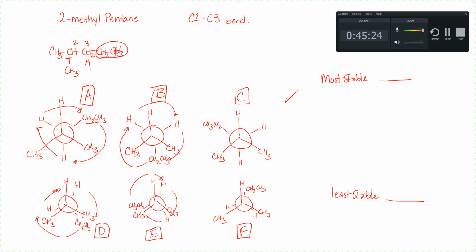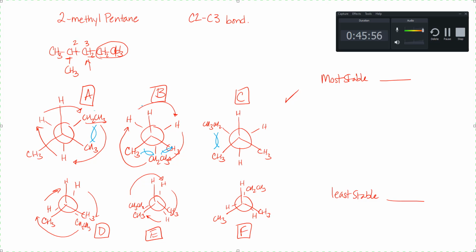So what are the destabilizing or bad interactions? They are the gauche interactions. So let's mark all the gauche interactions that are destabilizing. Now, in order to determine stability, we need to count the number of destabilizing interactions.